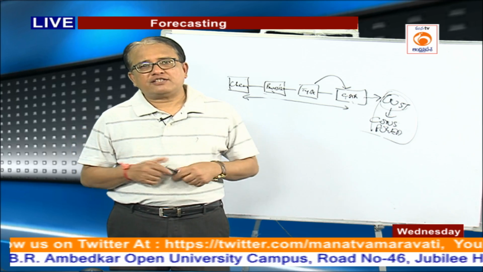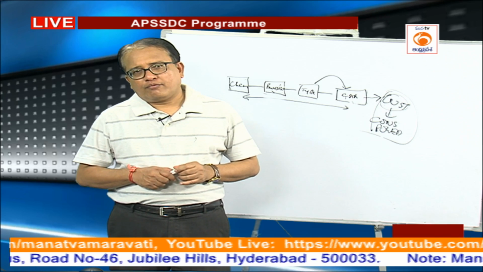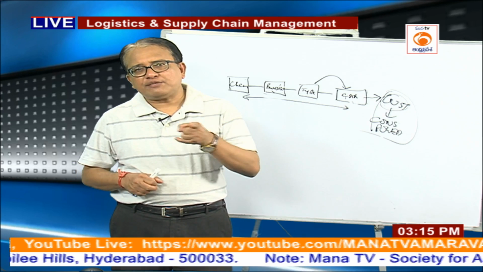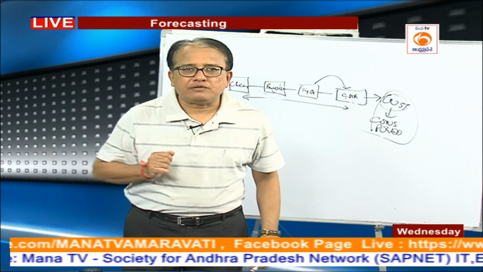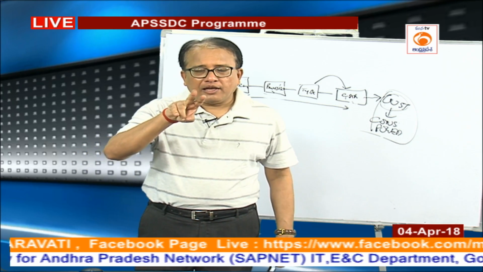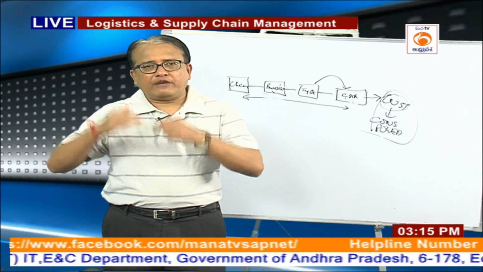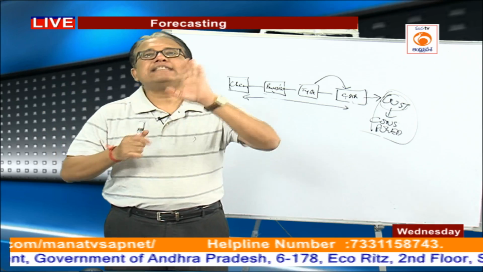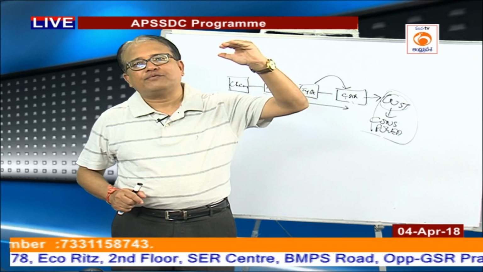What will drive his prediction of the number of soft drinks being sold is the temperature. Very interesting. Temperature, how hot it is. If the mercury level goes up, it is expected that his sale of soft drinks will go up.